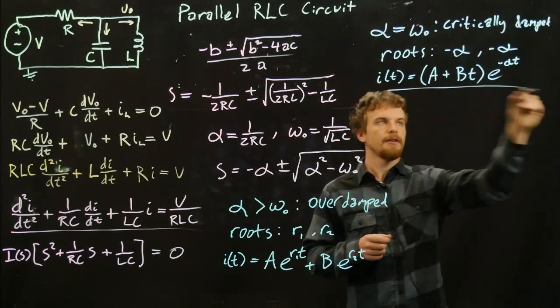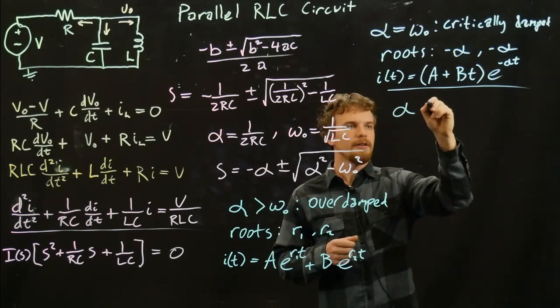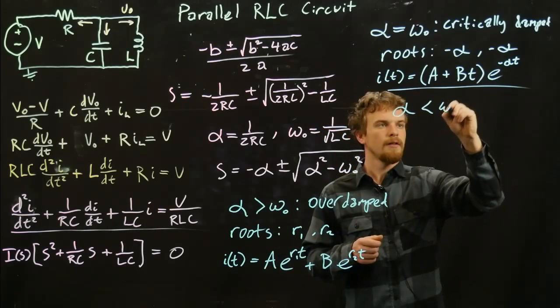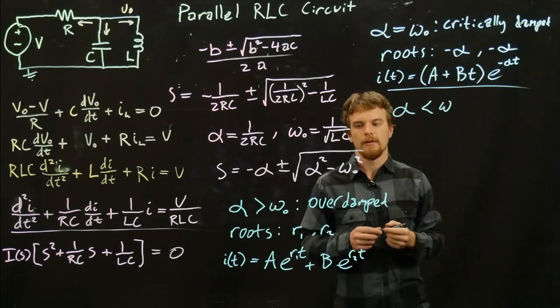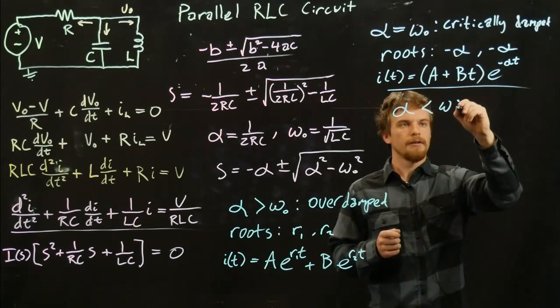Okay, so let's deal with the final case where alpha is less than omega. We call this overdamped.